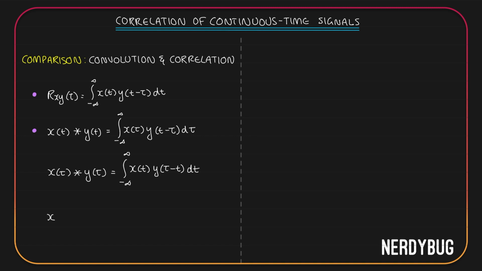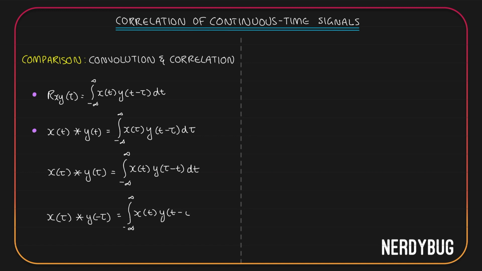What if instead of this, I wanted convolution of x of tau with y of minus tau? Then that would be integral from minus infinity to infinity x of t. The only difference is instead of tau, I took minus tau. So instead of tau minus t, I'll have to take minus of tau minus t, that is t minus tau.